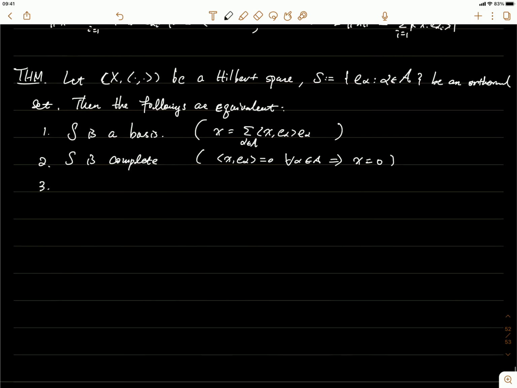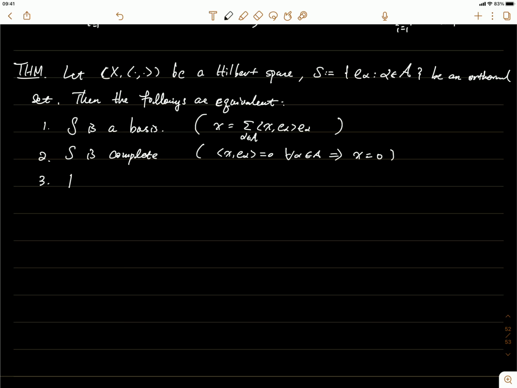The third one is the Bessel equality, which says that every x, its norm squared, is just the same as the sum of the squared coefficients.